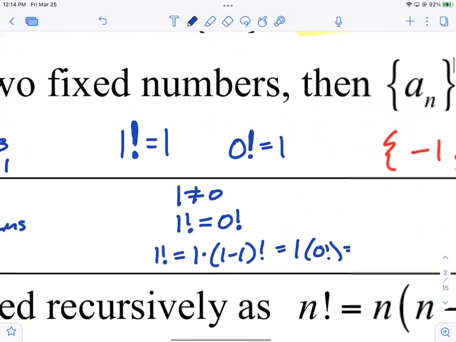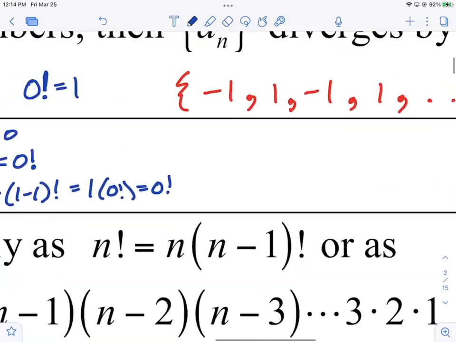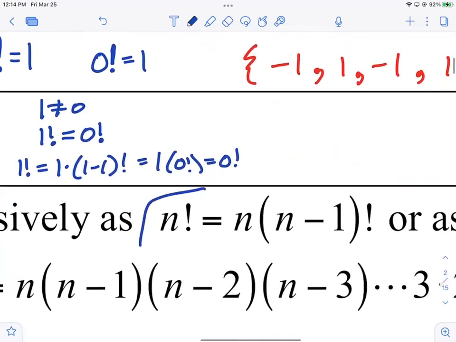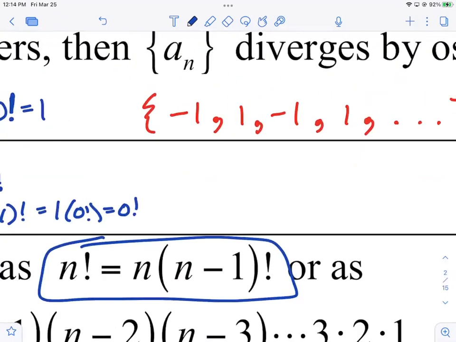All right. Now, one of the things that's important about this recursive relation is how we're going to simplify it later on. So if you see something like (n plus 2) factorial divided by n factorial, we can actually simplify this.